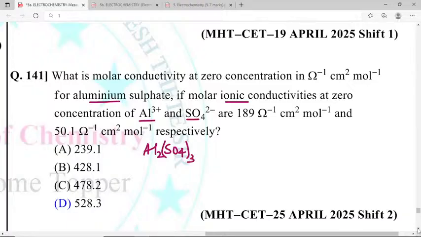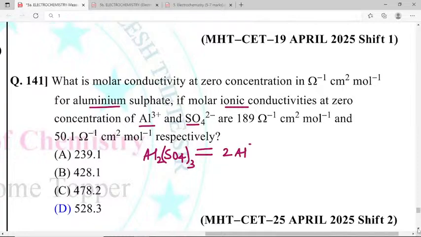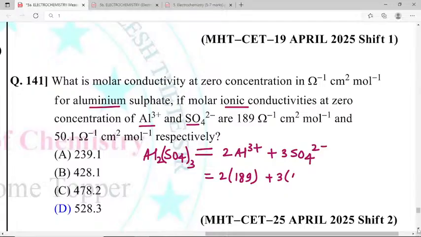Question repeat: lambda naught is equal to 2 times Al3+ plus 3 times SO4 2 minus. So 2 times Al3+, which is 189, plus 3 times sulfate. So how much? 50.1. Multiply by 3, multiply by 2 and then add, we will get the answer 528.